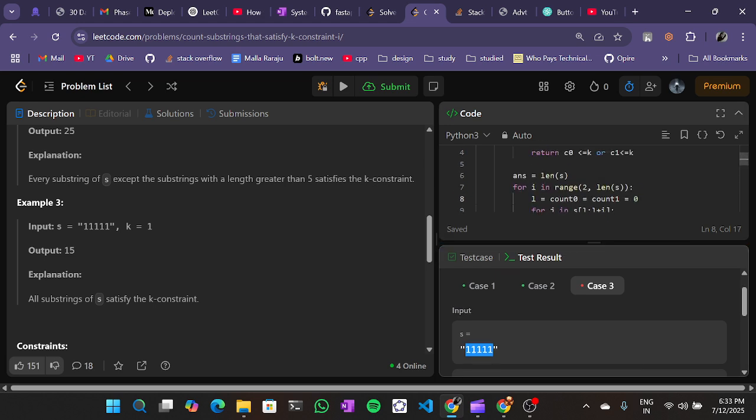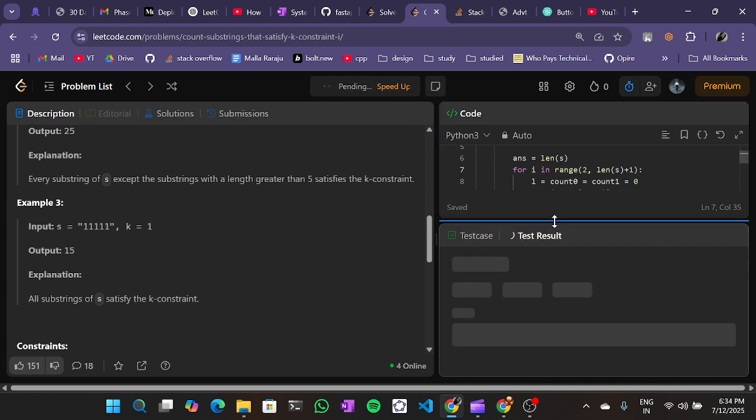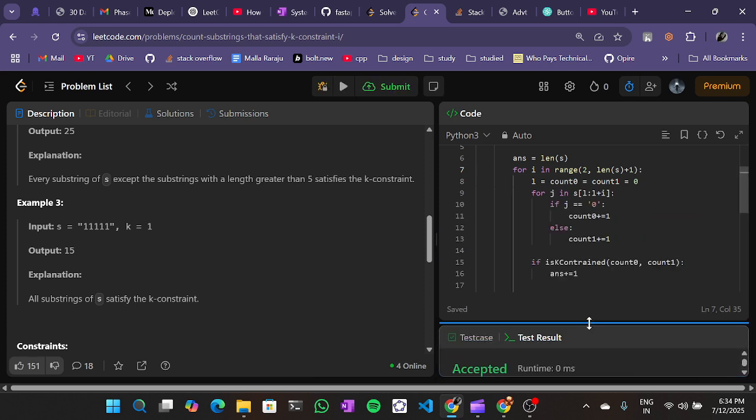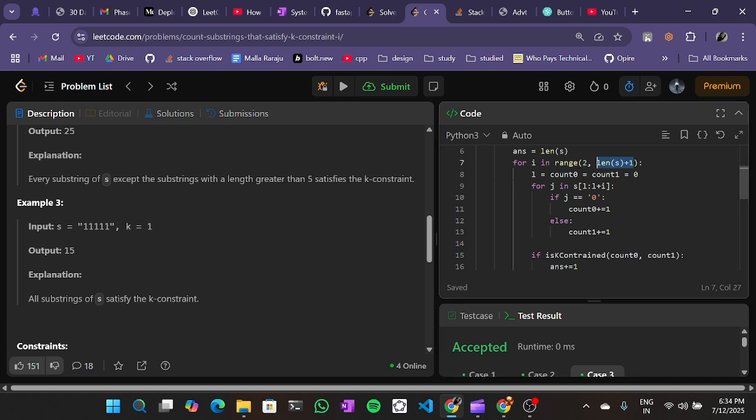Initially we're considering 5 as the answer, and from range 2 we should consider taking a case plus 1 here. Let's see if we are getting an issue. Not getting the issue. What's happening here is it will be taking the entire length of the list, which will be 5.